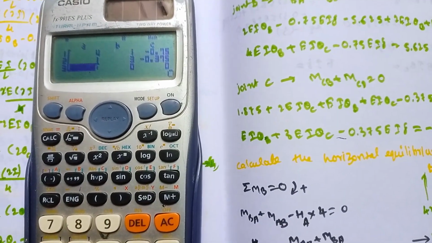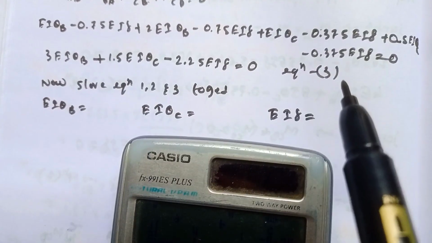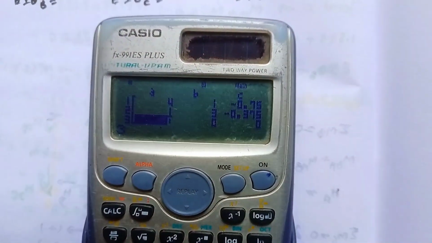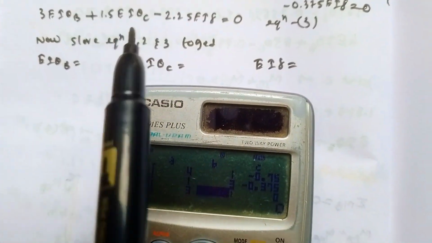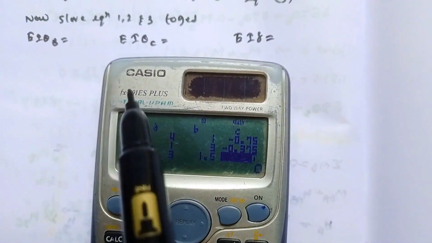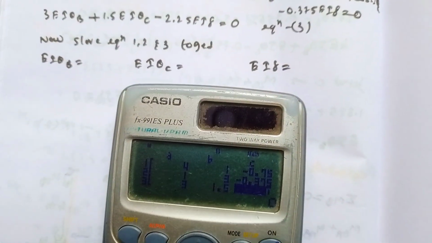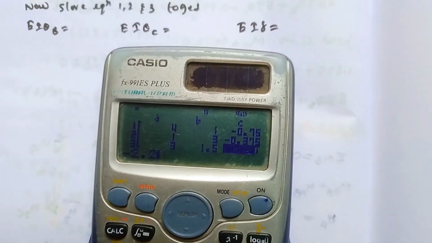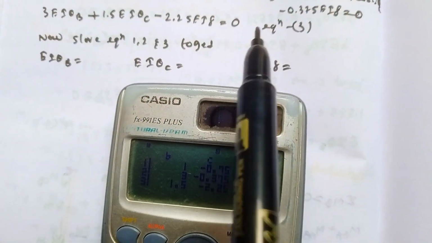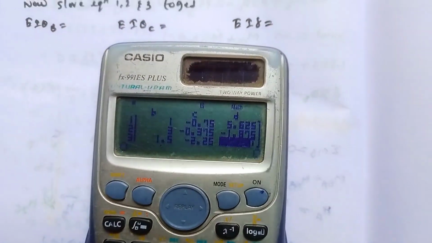Now put equation number 3: 3 EI theta B, 1.5 EI theta C, minus 2.25 EI delta, equal to 0. Now solve it.